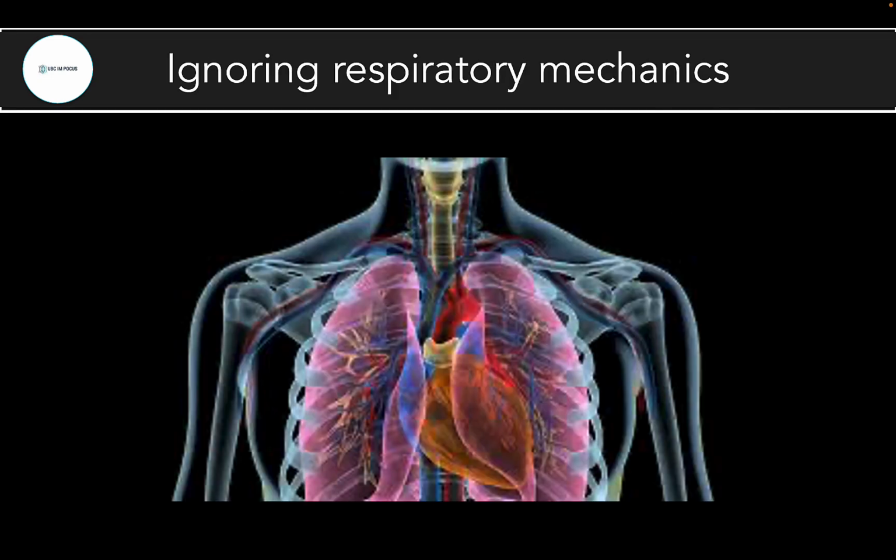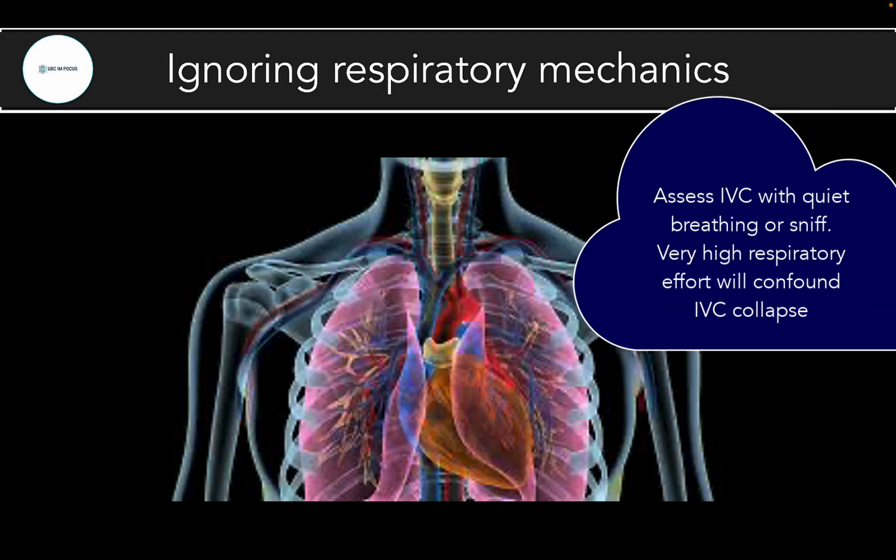This next one is often ignored but is so important: respiratory mechanics and effort. So IVC collapsibility occurs due to changes in intrathoracic and intra-abdominal pressure during respiration, and so the magnitude of those pressure swings really matters. There's good data to show that with significant pressure swings, so high levels of respiratory effort, even people with very elevated CVPs can collapse their IVC.